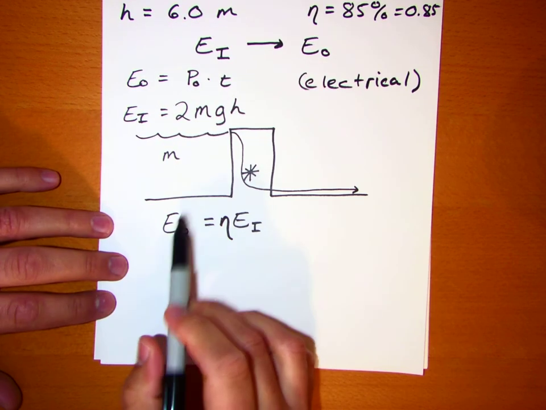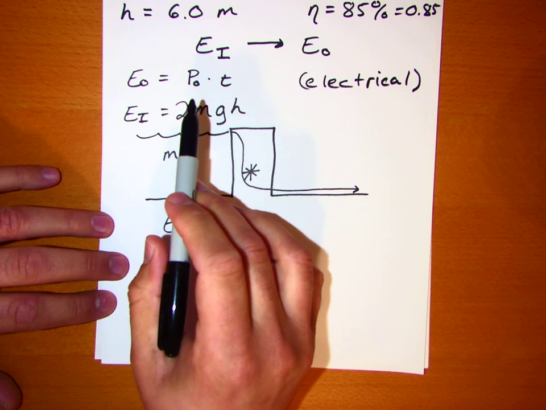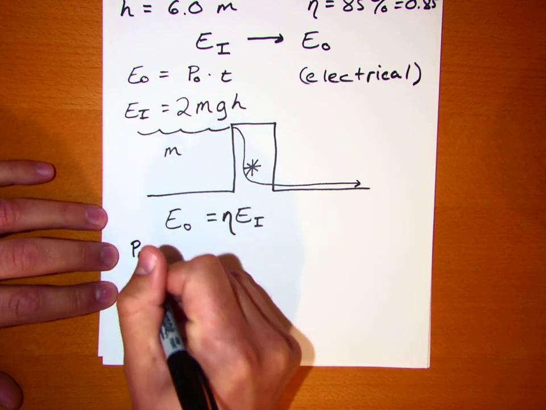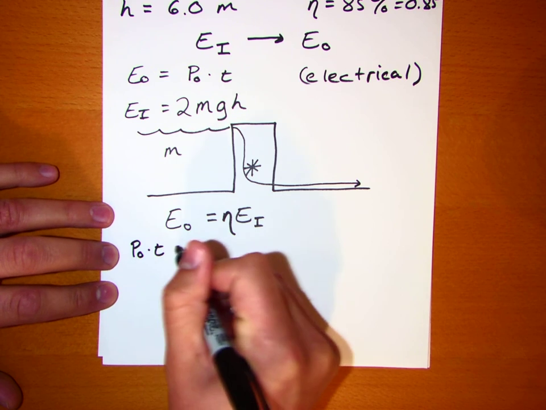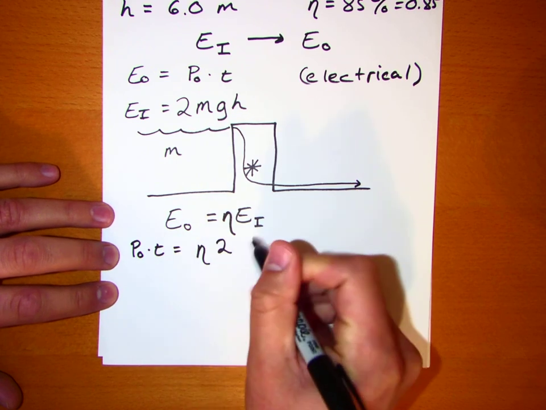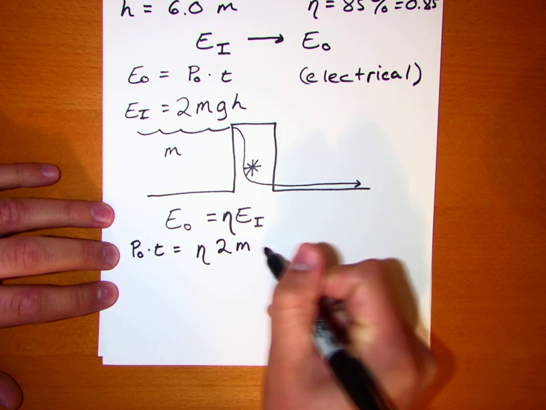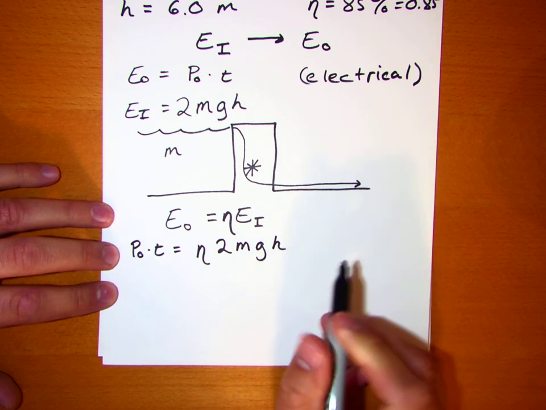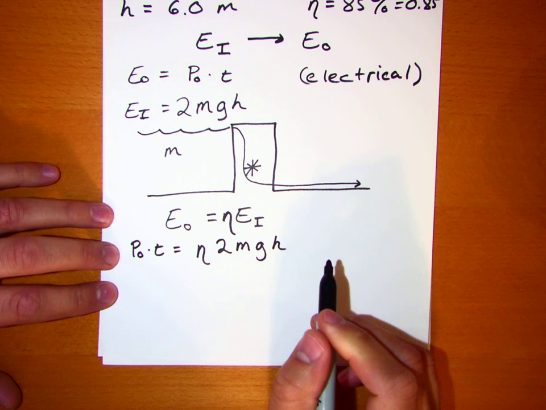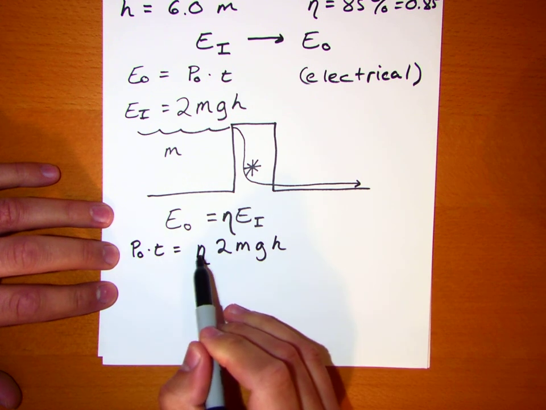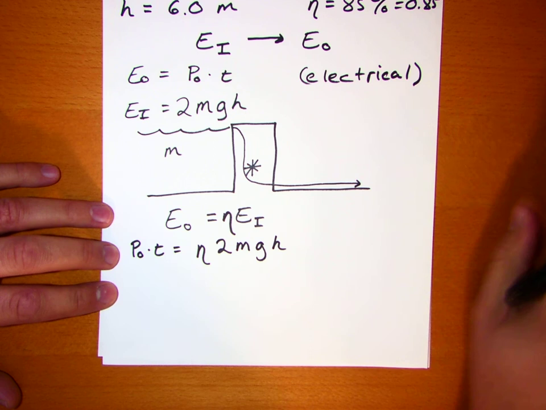If we plug in what we have for the energy out and the energy in, we have the output power times time is equal to eta times 2 times m times g times h. Now we know the output power, we know the time, we know the efficiency. That's just the number 2.